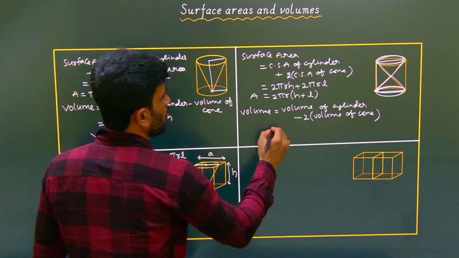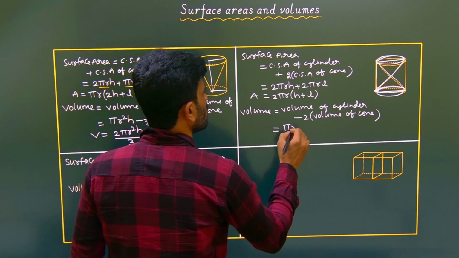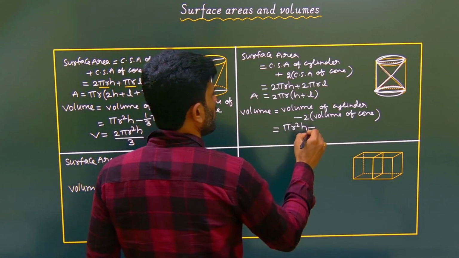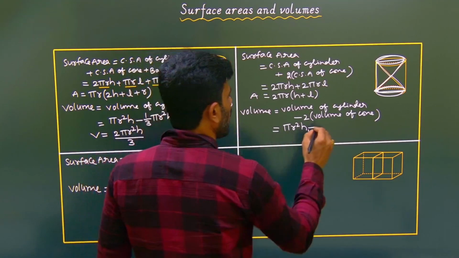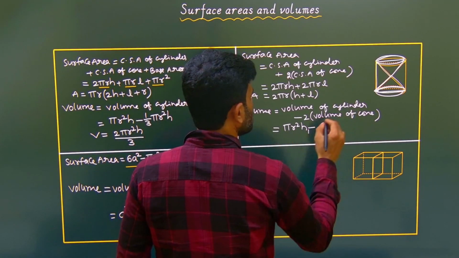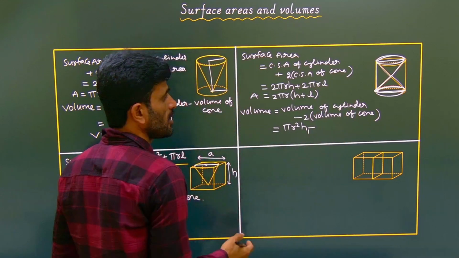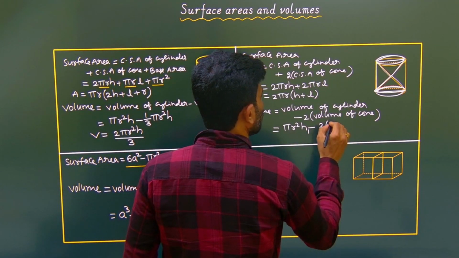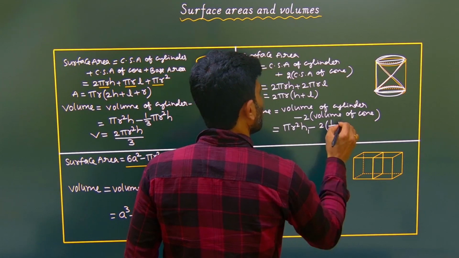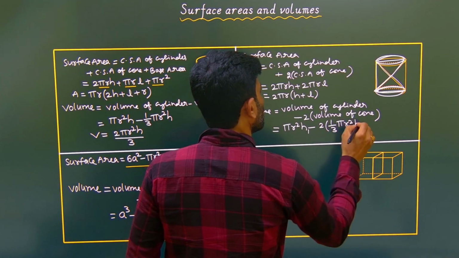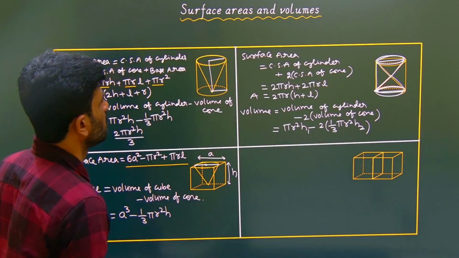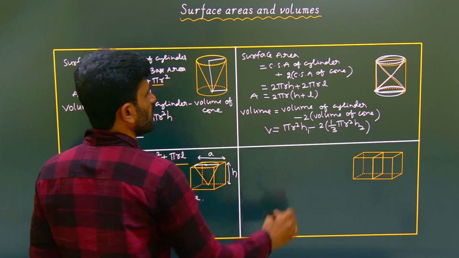That is pi r square h minus, here h1, h2 will be different, h1 and radius is common. If radius is different, radius also r1, r2 we have to take. 2 into 1 by 3 pi r square h2. In this we have to substitute and simplify the value, we get volume of that solid.